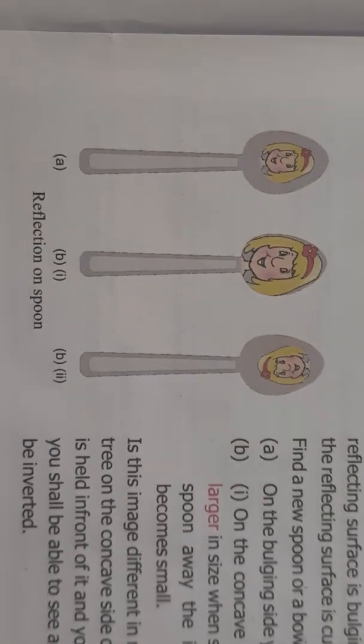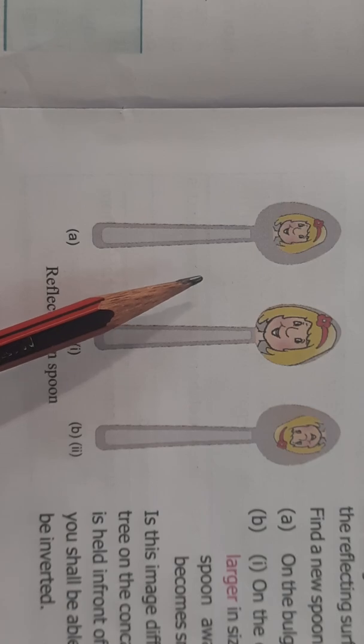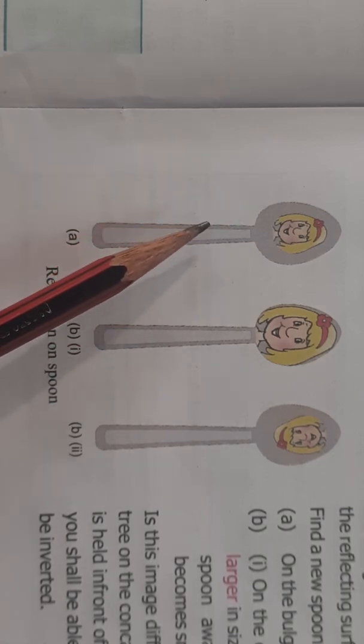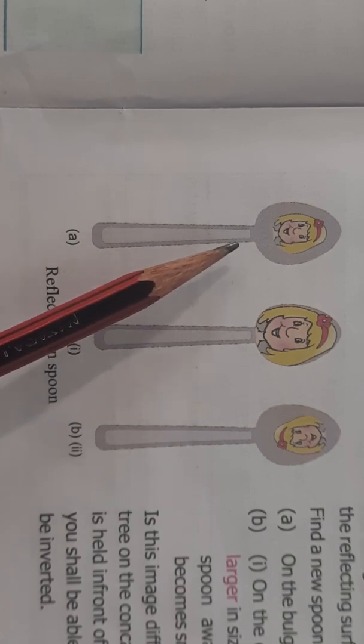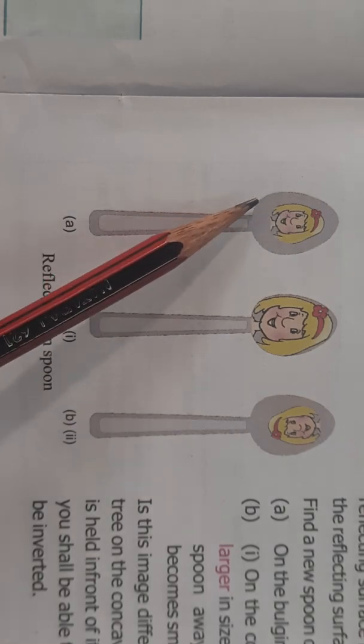Now, when you look on the bulging side, means the convex side, bulging means जो बाहर की ओर उठा हुआ है, you will see that your face is upright, but it is small.